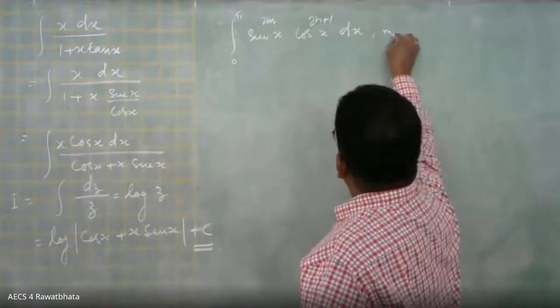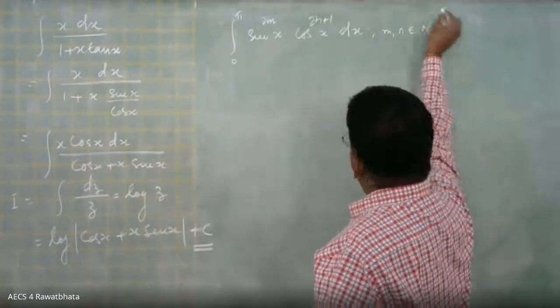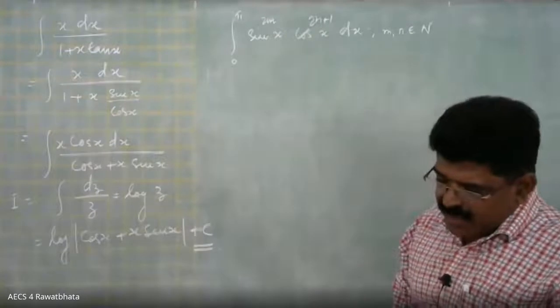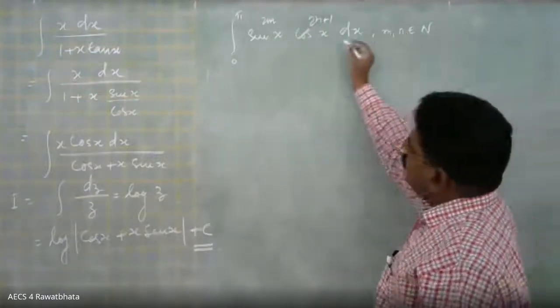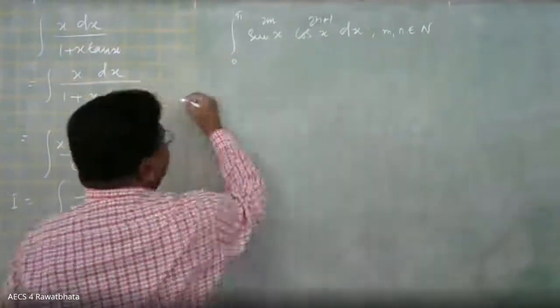Here m, n belong to capital N, where capital N means the set of all natural numbers. So you can try to apply the properties.